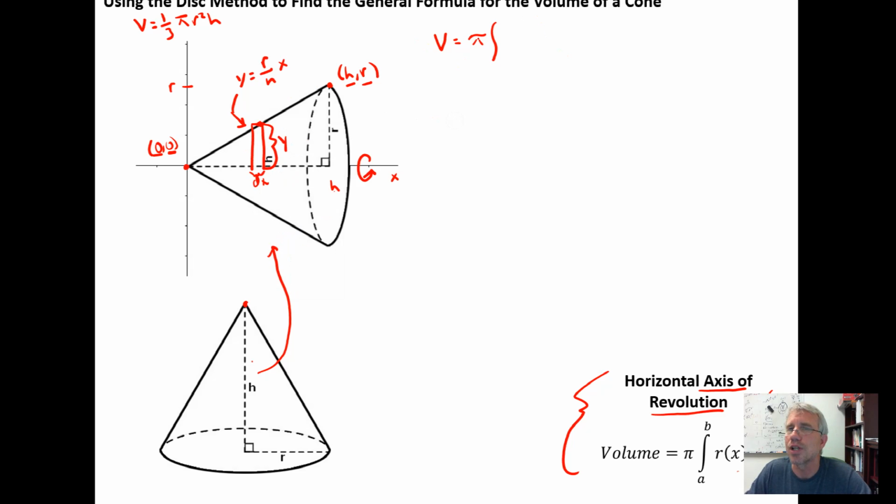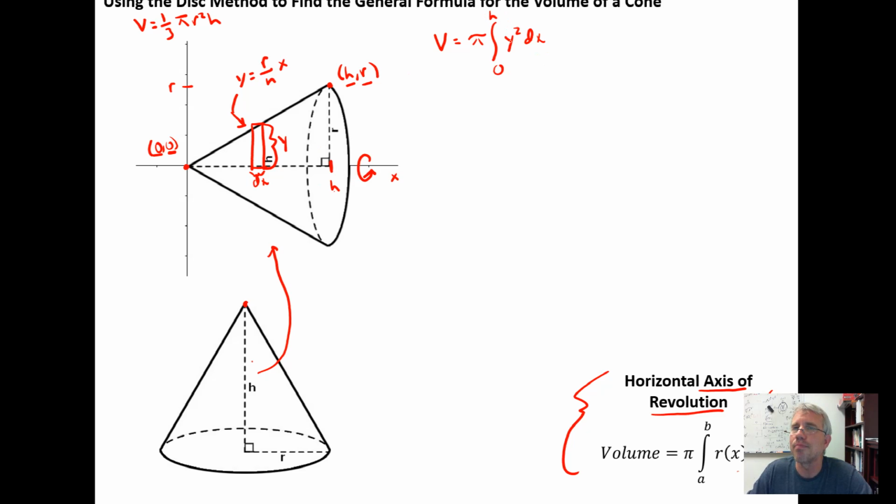So it's going to be pi times the radius squared. My radii are given by my y-coordinates. So pi y squared h, where h is the distance across the bottom of the representative rectangle. So my h's are just dx's. And I'm going to be integrating from 0 to h on the x-axis.